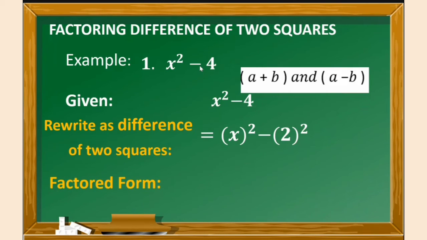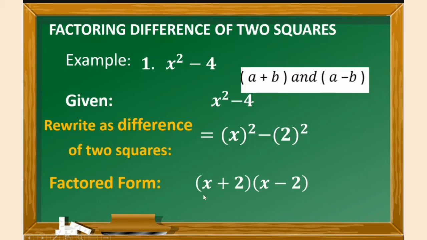Now, mas mabilis na sa atin mag-factored form. Given this rules or yun yung binigay na formula para makuha natin yung factored form niya. So, yung x squared natin, this is the a. And our form is our b. So, ito na yun, x and 2.